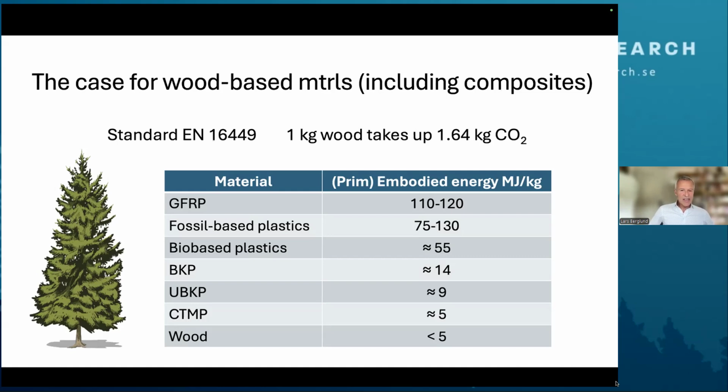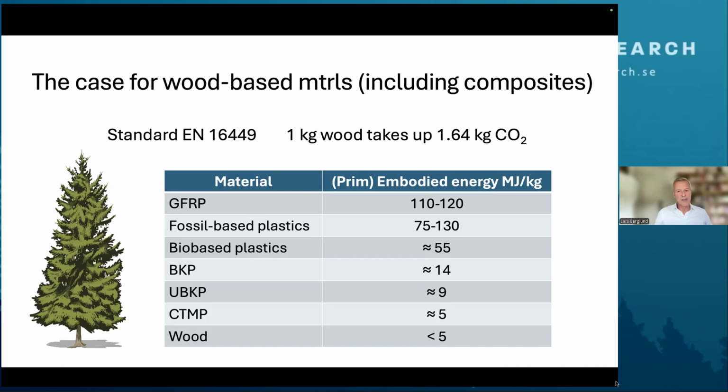There's an interesting detail if you look at the standard there under the headline. This is used for instance, for furniture. It's based on photosynthesis and some fairly strong assumptions, but essentially 1 kilogram of wood takes up 1.6 kilogram of carbon dioxide.